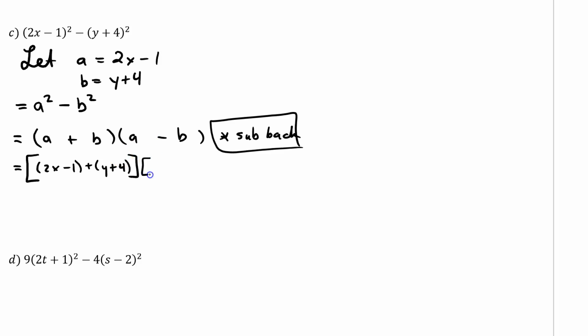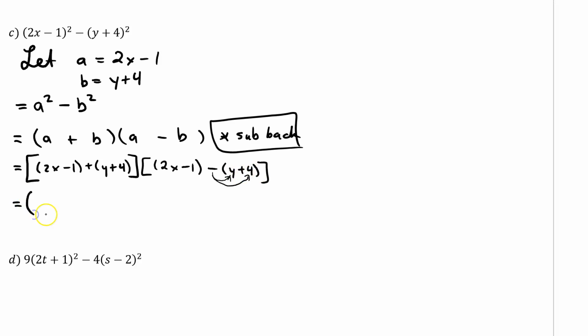And you'll see what I mean in a second. So a is 2x minus 1 minus, and then b, which is y plus 4. Now, if you don't put the bracket around it, my gut is telling me that you might forget to use your happy little rainbows to distribute this negative to both of those terms.